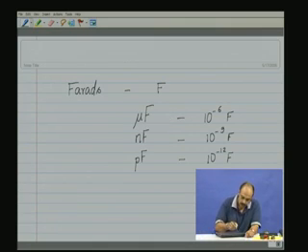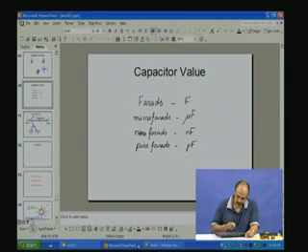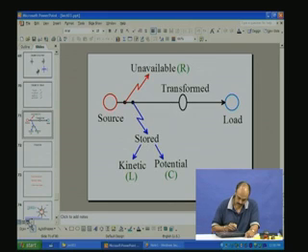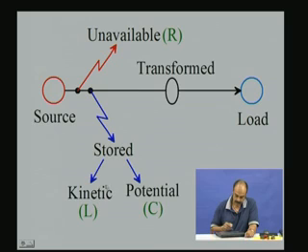So, now we shall come to the next topic, which is the third component in our list, the inductor. We saw that the capacitor stored the potential energy. So, the inductor stores the kinetic energy.